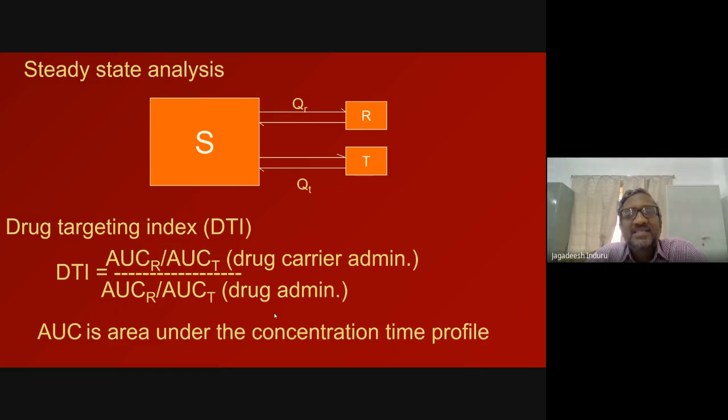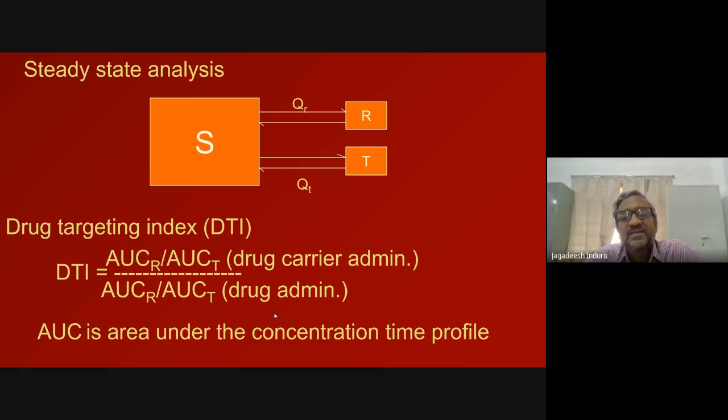After reaching the steady state, each drug and target will have some rates. That rate, QT, is required to be very high, so that your drug from the central compartment reaches the target organ T compared to the remaining tissues R. So the drug targeting index can be determined by looking at our drug carrier administration.